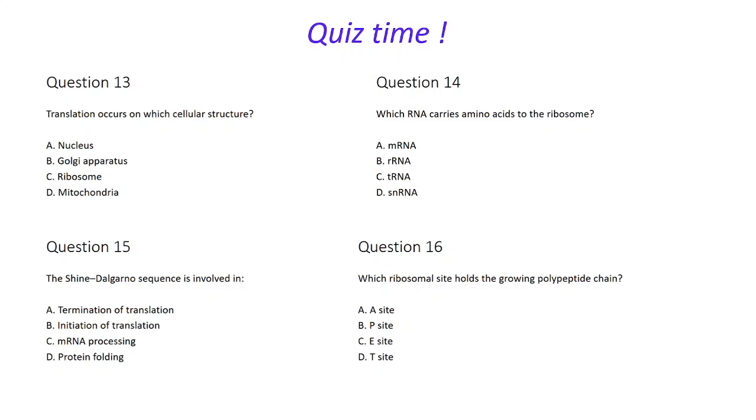Yes, the tRNA, the transfer RNA molecules, are responsible for carrying the amino acids to the ribosome. The tRNA has an anticodon that matches with the specific codon on the mRNA, ensuring that the correct sequence of amino acids is put into the growing polypeptide chain. Fine. So for question 14 it is option C.